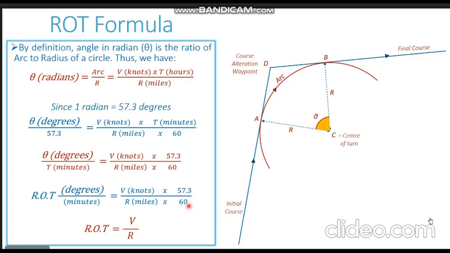So these terms being close, without any appreciable loss of accuracy, can be cancelled out and the formula gets simplified to rate of turn equal to V upon R. This is the rate of turn of the ship in degrees per minute. This is the rate at which the ship is turning and it is equal to the speed of the ship in knots divided by the radius of the turn in nautical miles.